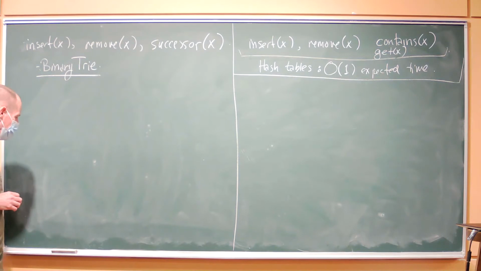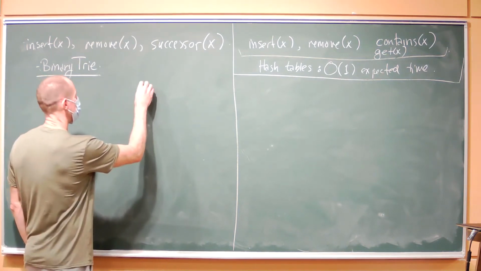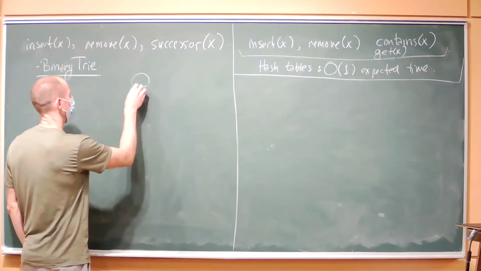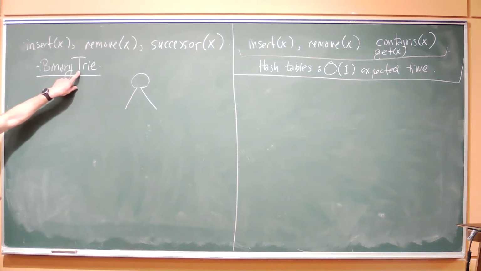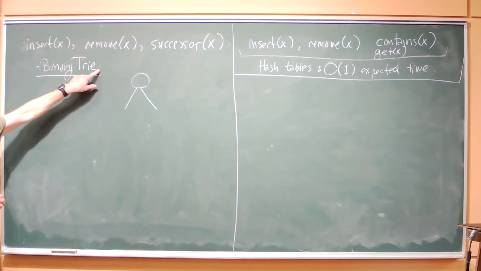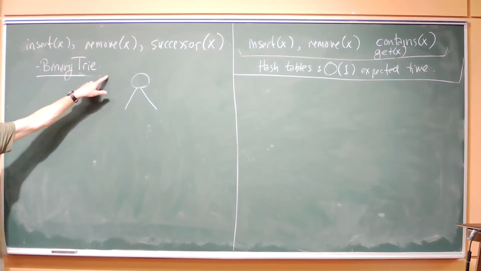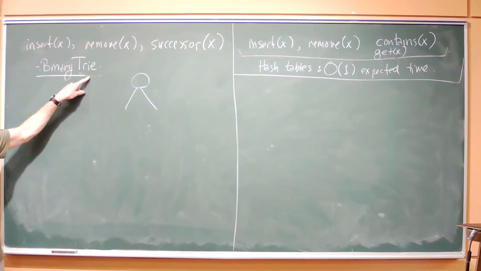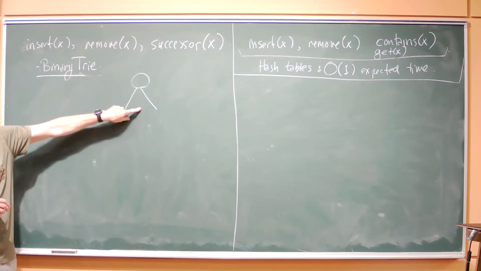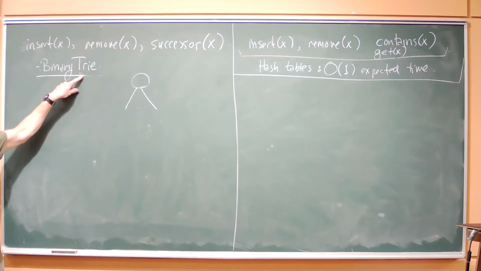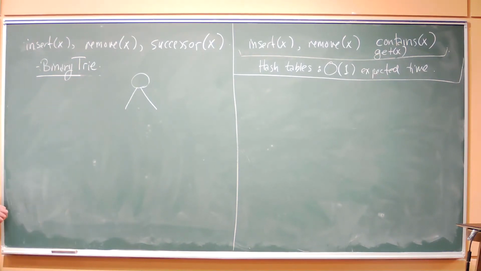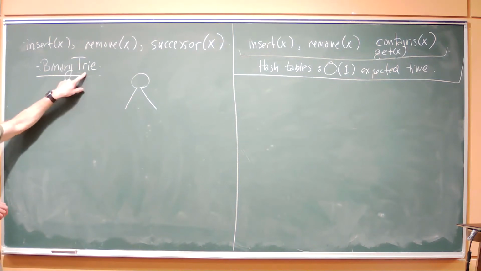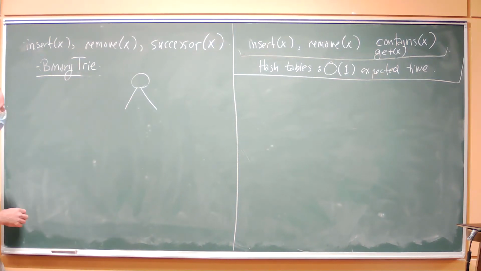So what's a binary trie? A binary trie is just a tree. And I should say that actually the way you pronounce this word is actually tree, but then it's confusing because I'm going to talk about trees and I'm going to talk about these things. So I'll call this trie, but the true pronunciation is tree. It's part of the word retrieval historically.